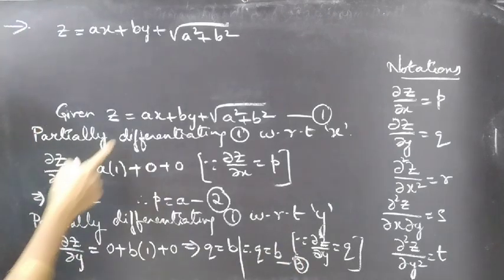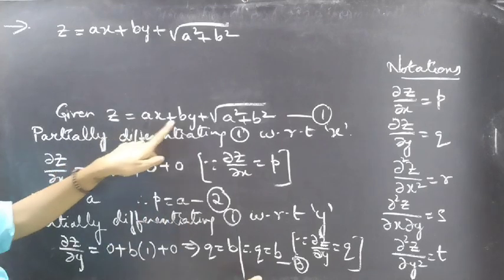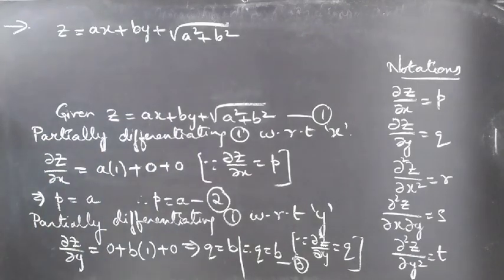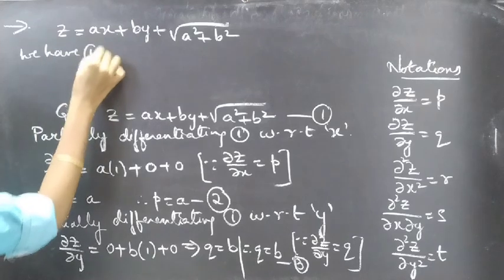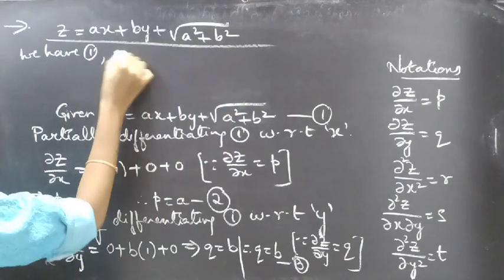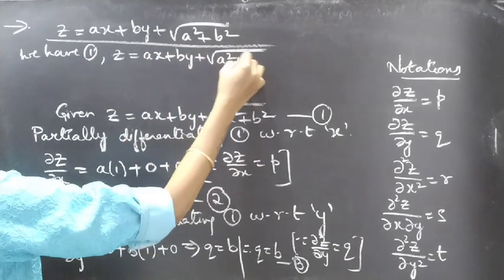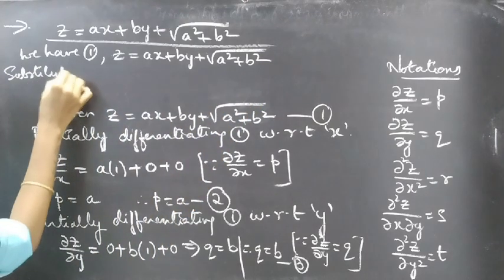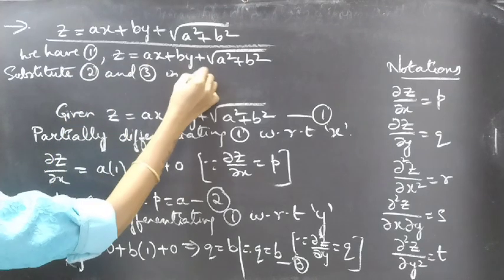Right. Now observe 1, 2 and 3. See, by replacing a by p and b by q, a and b get eliminated from 1, right? So now we have 1, that is z equal to ax plus by plus square root of a square plus b square. Substitute 2 and 3 in 1.